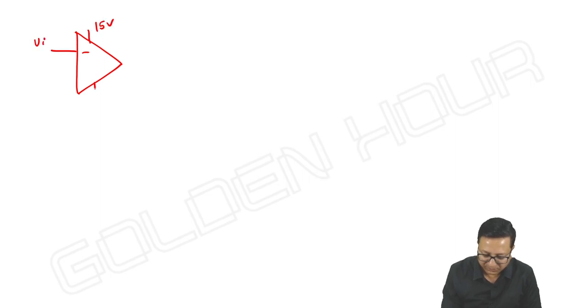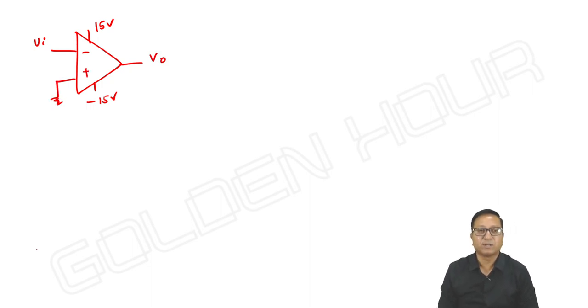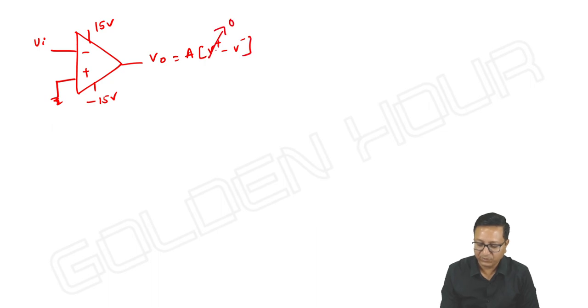Similarly, let us consider the second case, like apply input at the inverting terminal, with supplies plus 15, minus 15, and V output. Connect the non-inverting terminal to ground. Output is equal to A into V plus minus V minus, where V plus is 0.